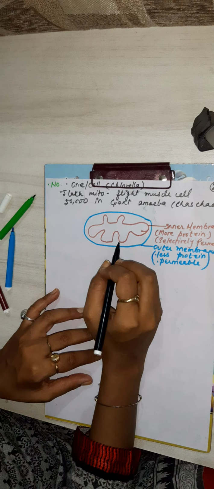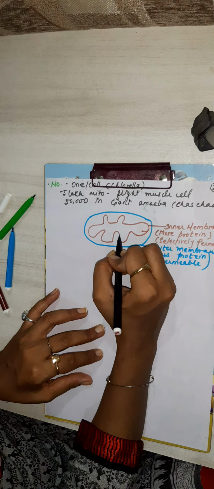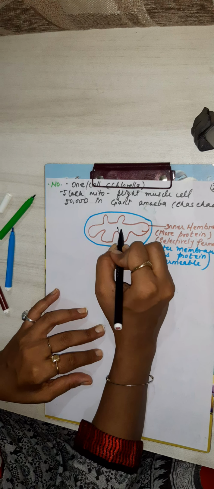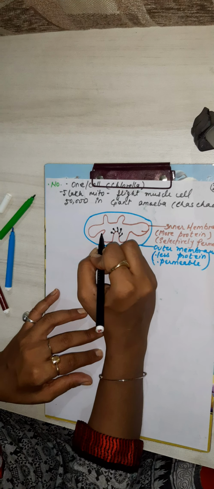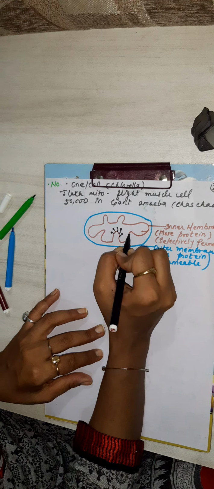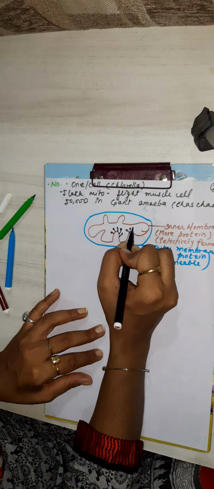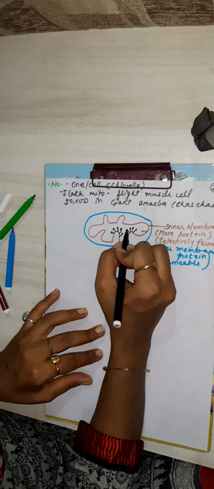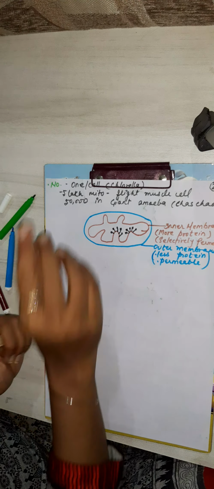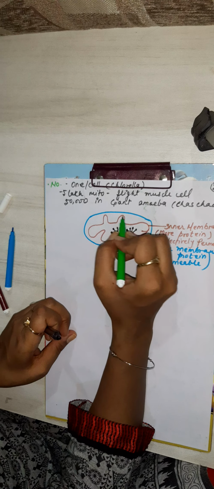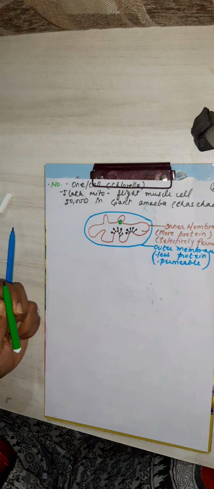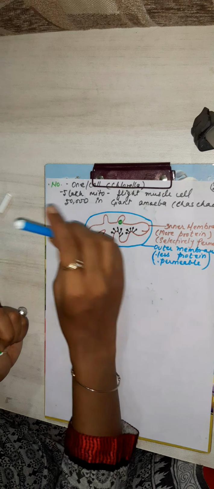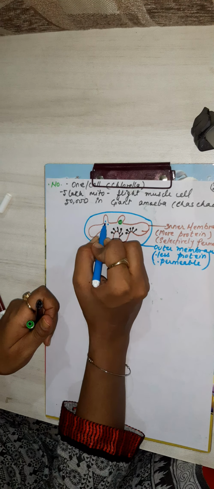And these foldings are oxysomes. And this is circular DNA. And these are 70S ribosomes.